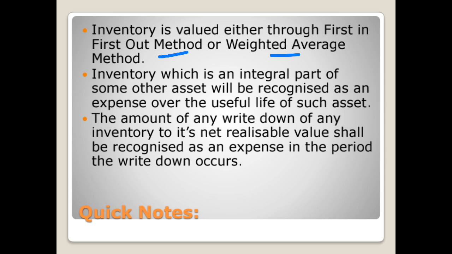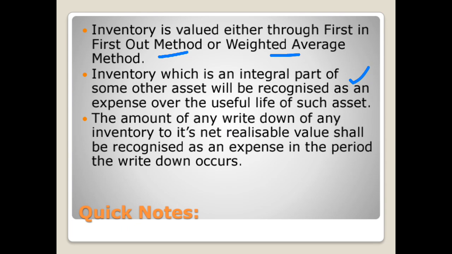Inventory, which is an integral part of some other asset, will be recognized as an expense over the useful life of such asset. Means, suppose you have an inventory or some spare parts which are integral to any plant and machinery. In that case, that spare parts will be expensed off during the useful life of that main asset.